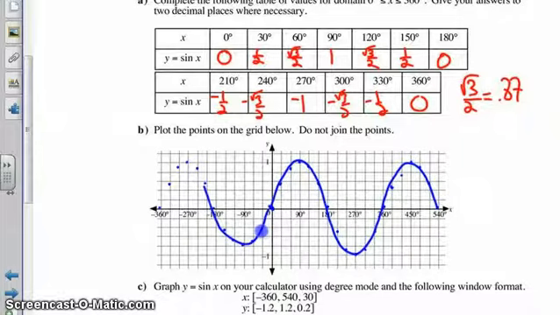And there's your periodic function, and we'll answer the questions that have been posed to us there.